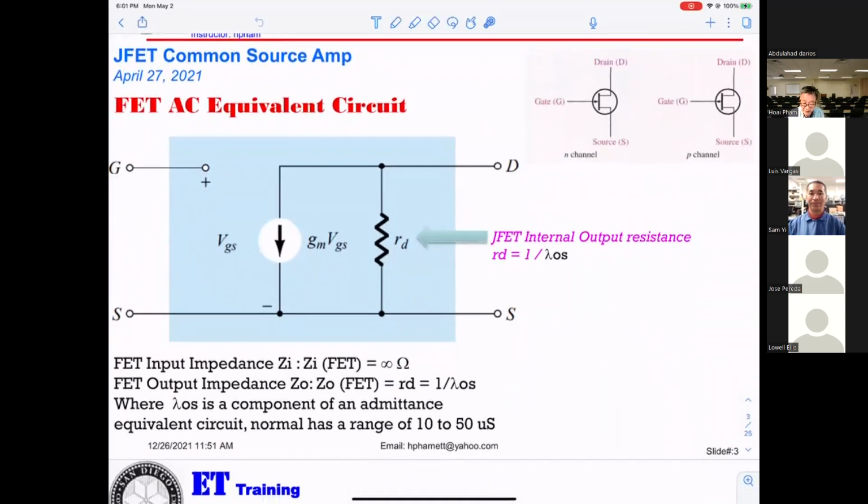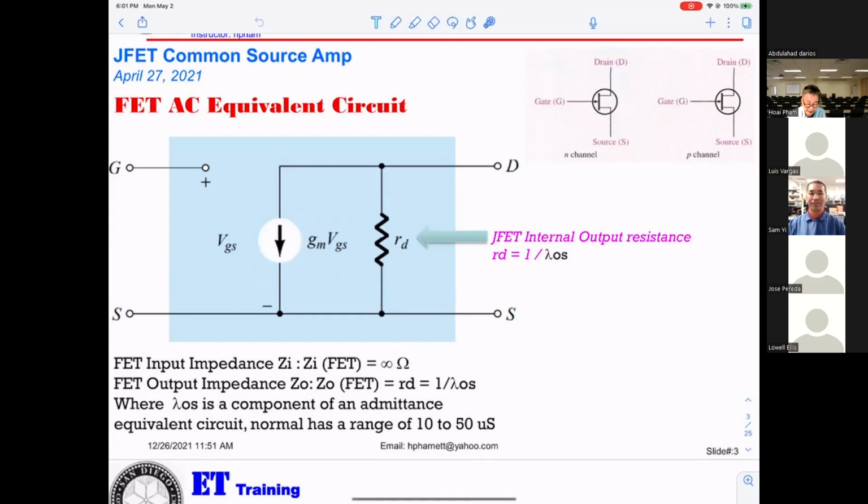Now, you can see this is the JFET, N channel or P channel, in a DC circuitry. However, for the AC model, you don't see that anymore. They substitute this one.